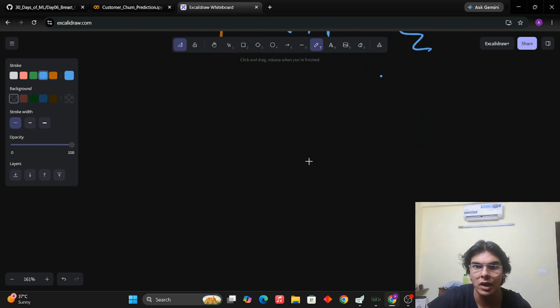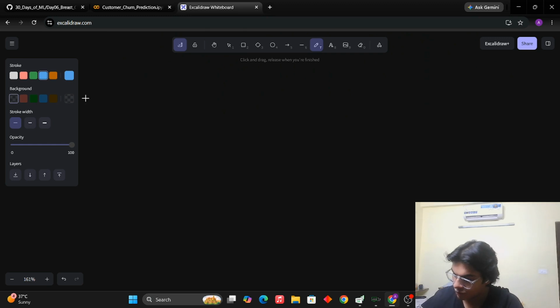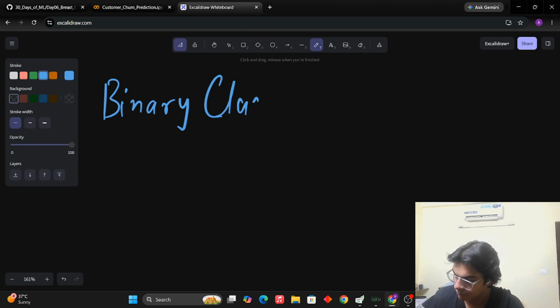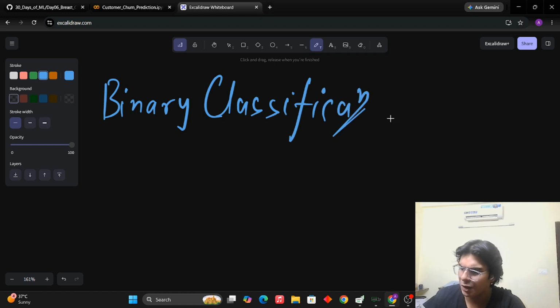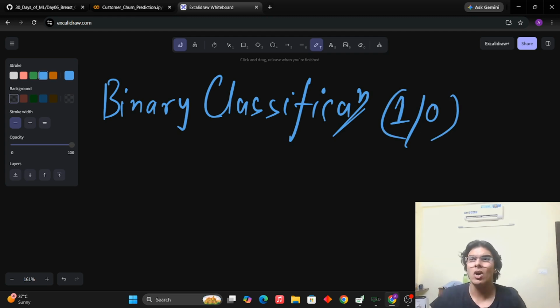We are solving a binary classification problem. Binary classification basically means 0 1 kind of classification, heads, tails, rain, not rain, yes, no, that kind of problem. Here we are classifying benign or malignant.